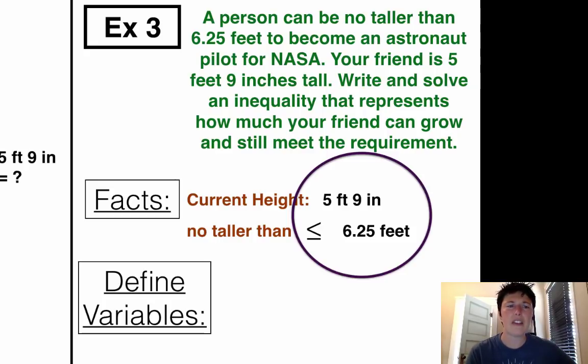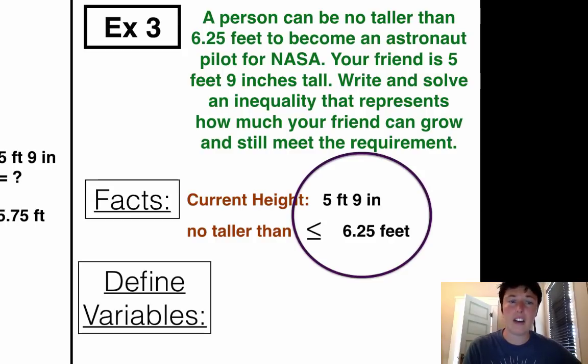So I'm going to convert that 5 feet 9 inches into a decimal, and that's just 5.75 feet. If you're wondering how I did that, I know 12 inches makes a foot, so 9 out of 12, if I do 9 divided by 12, I get 0.75, and that helps me convert this to 5.75 feet. I feel like that's going to help us as we go down the road here.